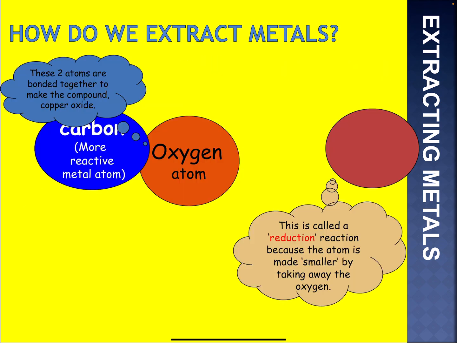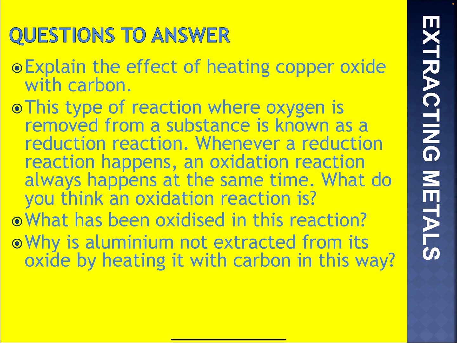Carbon has displaced the copper to make carbon dioxide. These two atoms were bonded together to make the compound copper oxide. That was before, but now it's carbon dioxide. Okay, moving on. Explain the effects of heating copper oxide with carbon.